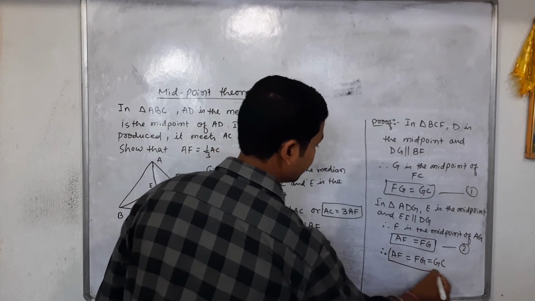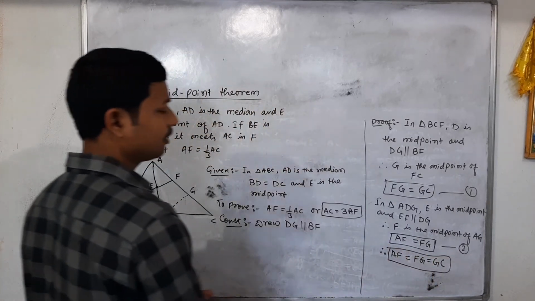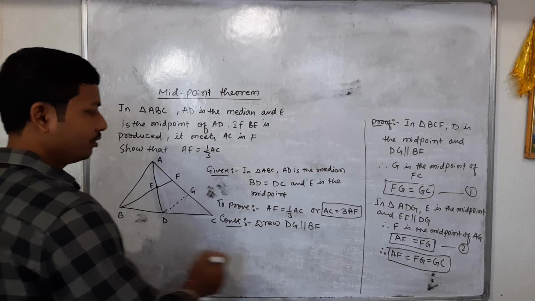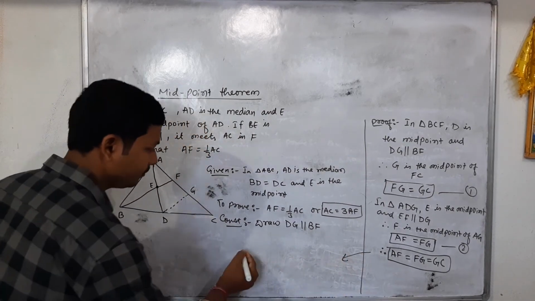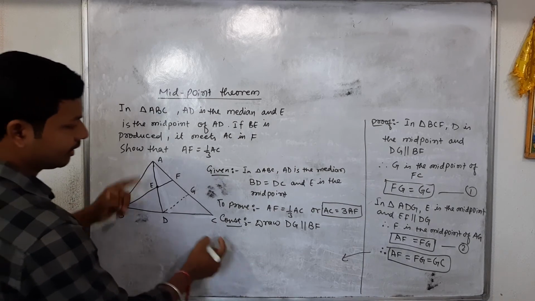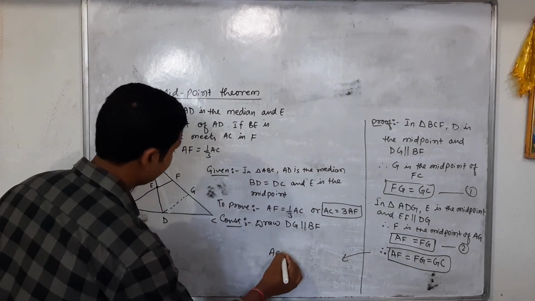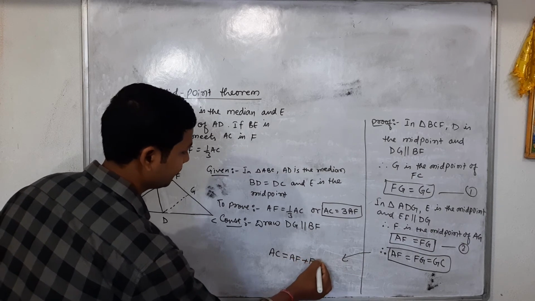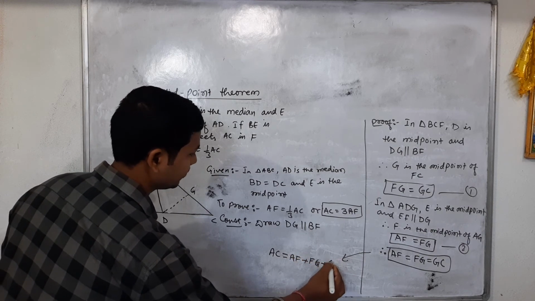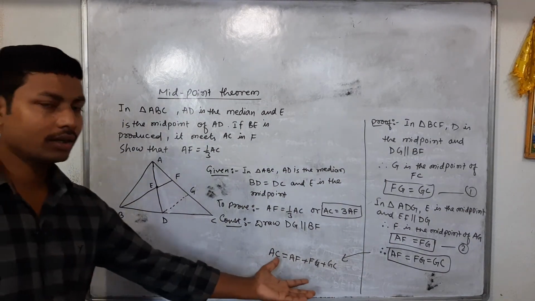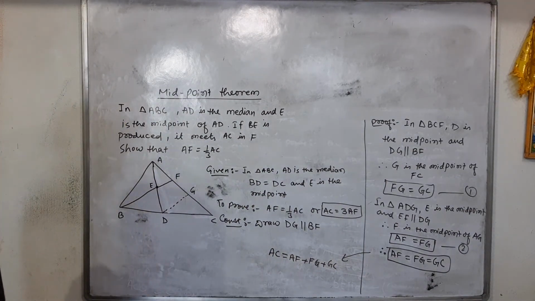These three parts are equal. So total AC can be written as AC is equal to AF plus FG plus GC. We can break AC into AF plus FG plus GC.